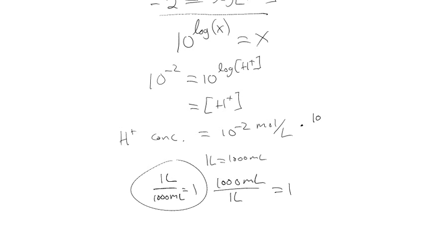You'll see what I mean. So let's multiply it by 1 liter over 1,000 milliliters, and then the liters here drop out like that. So then we end up getting 10 to the minus 2 over 1,000 moles per milliliter, or 10 to the minus 5 moles per milliliter.